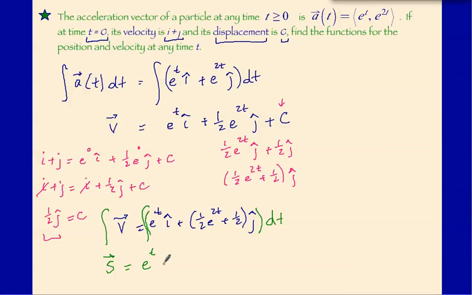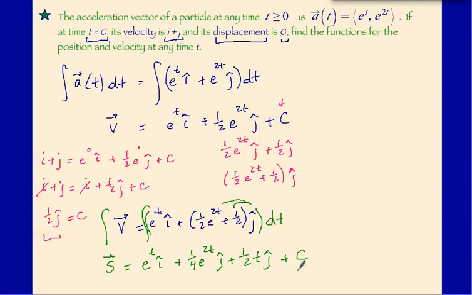It's really nice to be doing exponential functions here since they're so easy to integrate. And then I'm going to integrate this and also just distribute the j hat to each of these pieces right now. Again, we would need a 2 here, which means another 1/2 on the outside, 1/4 e to the 2t j hat, and then plus 1/2 t j hat plus c.